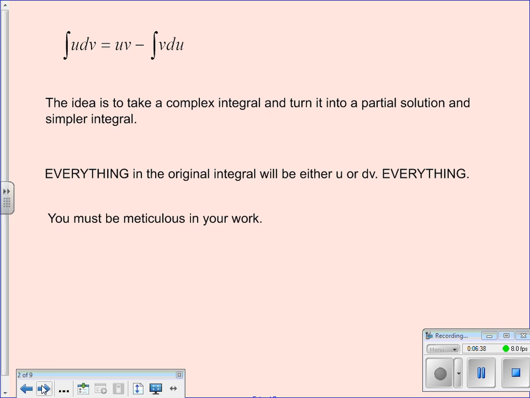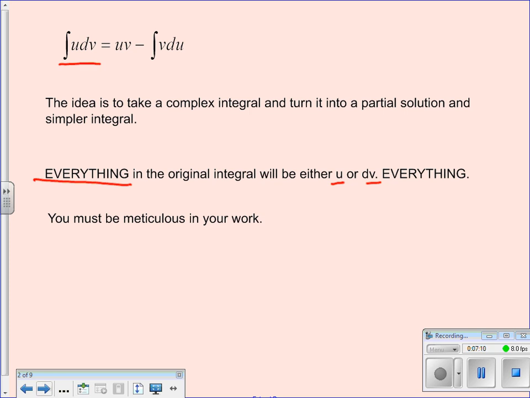Here's one of the couple of keys you need to have in there. Absolutely everything in your original problem will be replaced. Everything in the original problem will be either u or dv.